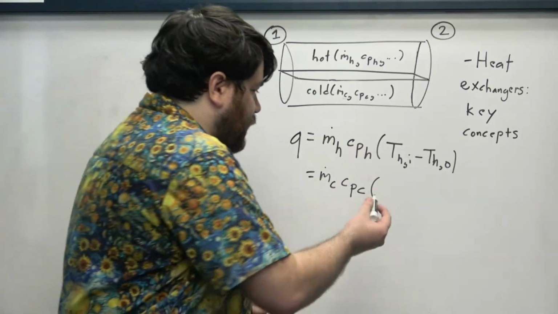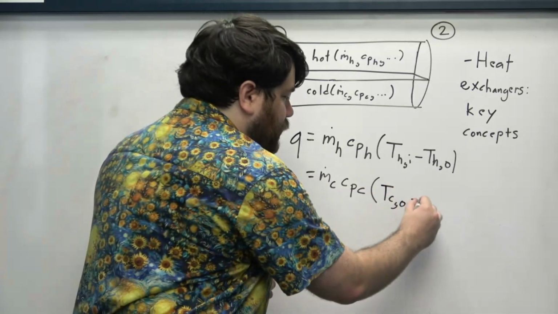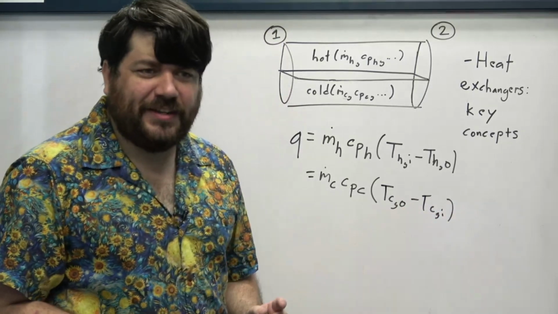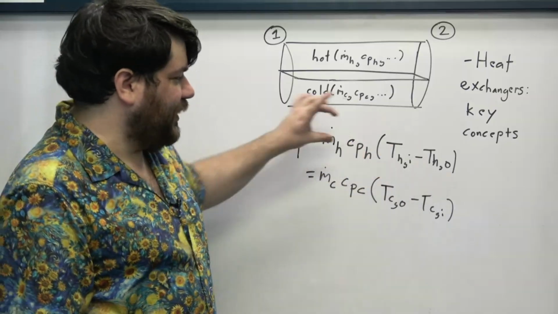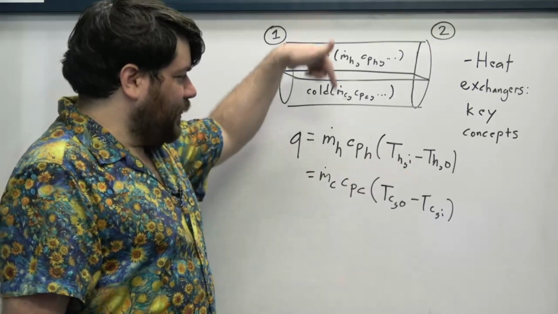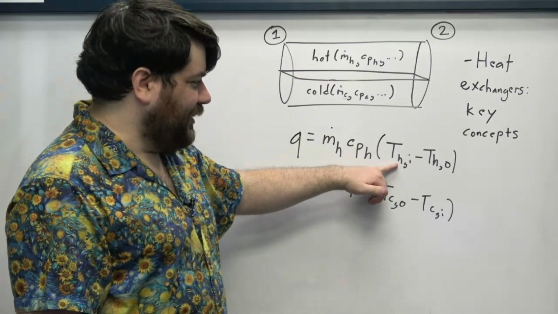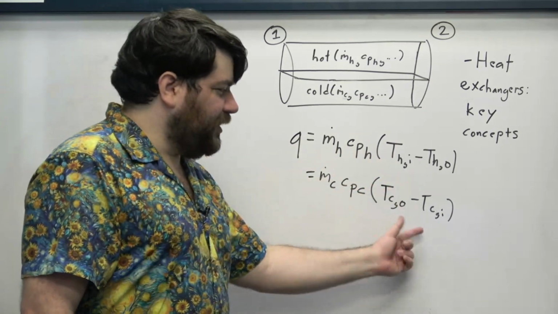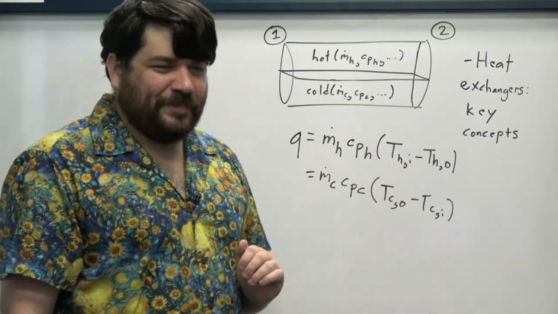And this time, we multiply by the temperature difference with a flip on the outlet and inlet. Again, the whole idea is that we considered the first expression from the perspective of heat leaving the hot liquid, so it had to be a positive quantity, and to keep this one positive we have to perform the flip, because now we're considering the heat that's going into the cold liquid.